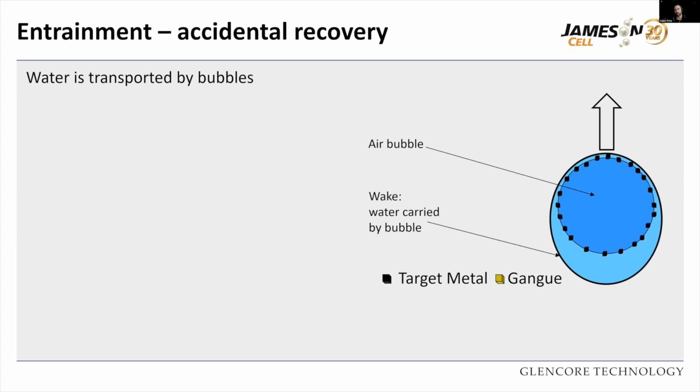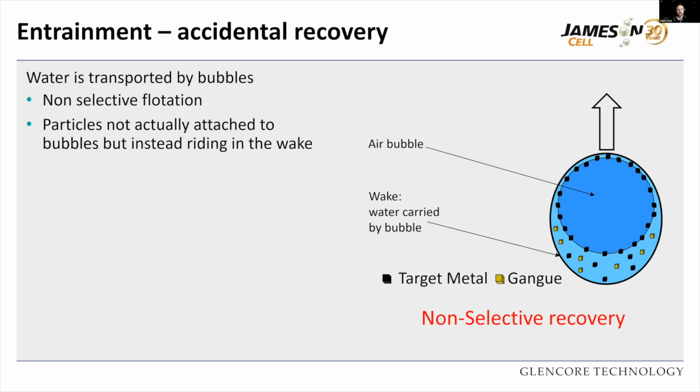Basically, the key principle of this is that bubbles actually carry a water wake with them when they're rising to the surface. And it can be this water wake which you'll potentially get some more of the target metal or material that you want dragged up with. But often you get quite a lot of gangue or unwanted material as well that gets dragged to the surface.